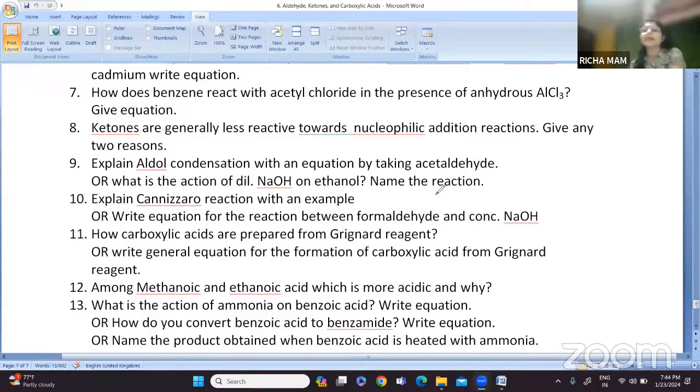So you get a carboxylic acid salt and an alcohol.